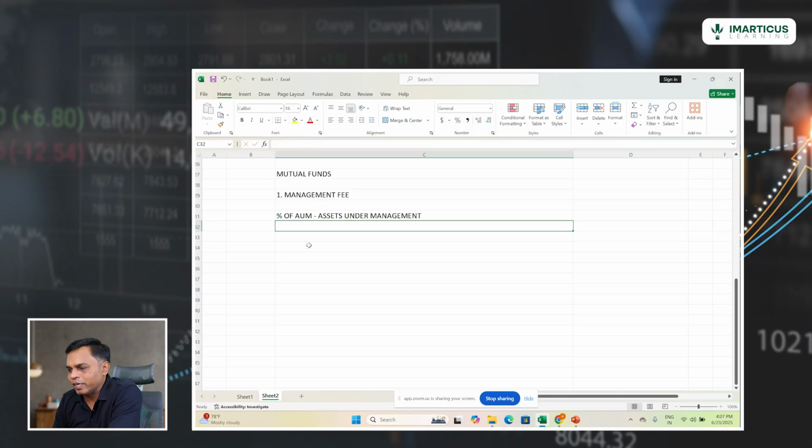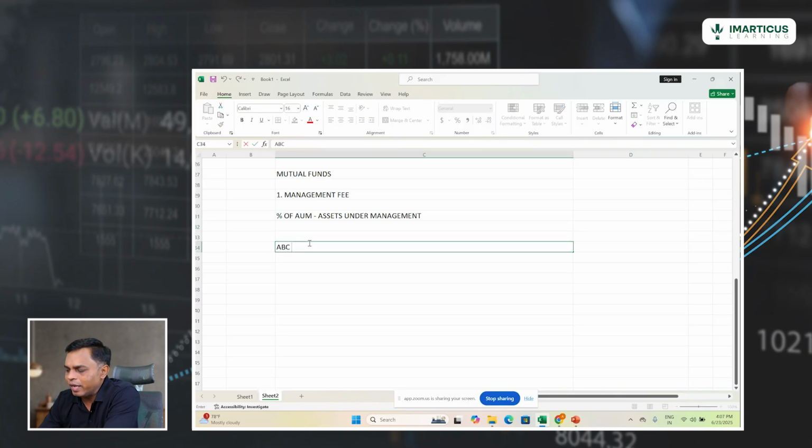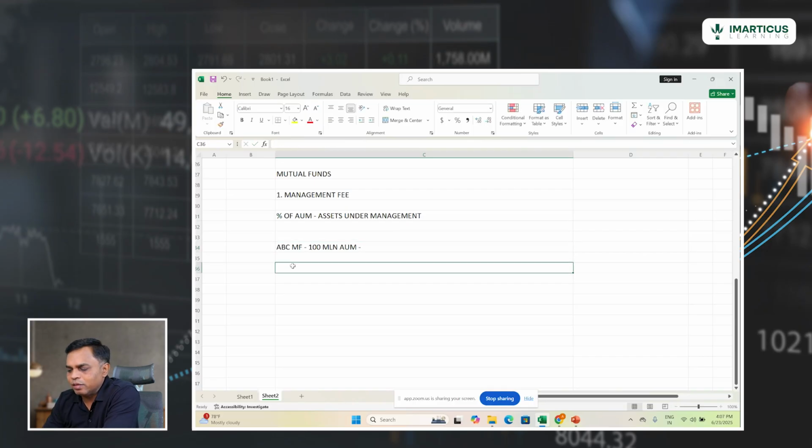Now, let's have a look at an example. We have an ABC mutual fund and this ABC mutual fund has a total of 100 million as AUM, meaning assets under management. Let's assume that the fund charges 2% management fees. This 2% is applied to the total 100 million AUM.